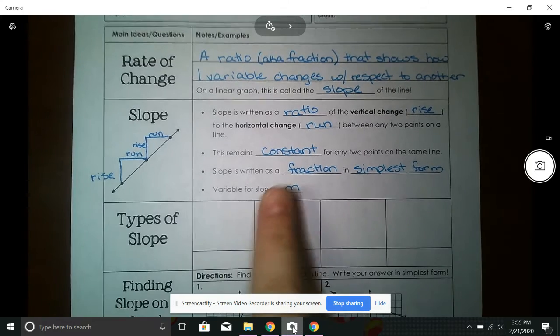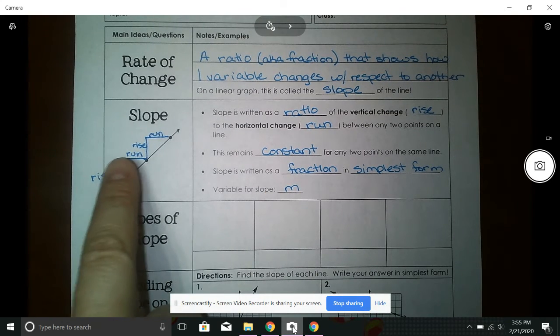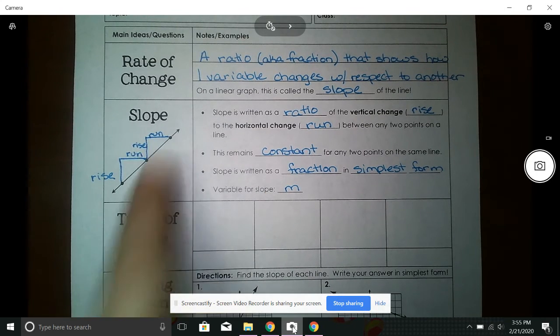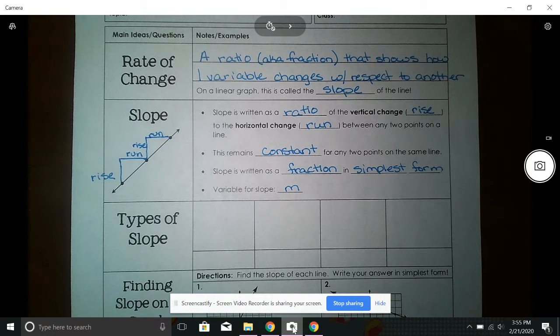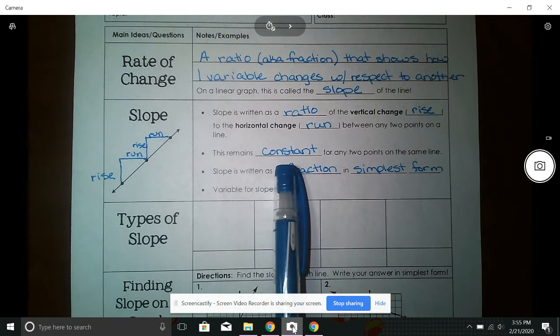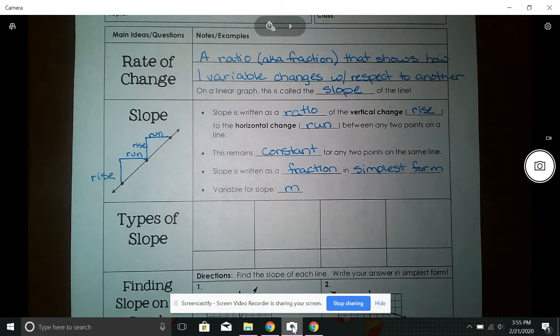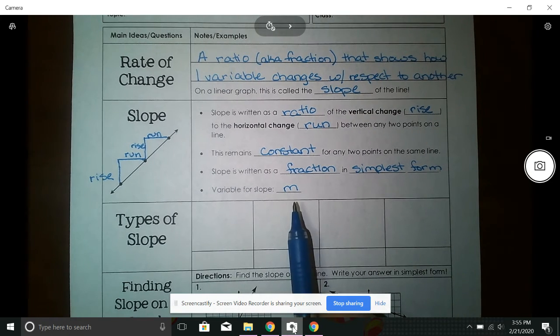Notice that the amount of rise and run is the same for each step. That's because the slope is always going to remain constant between any 2 points from the same line. We write slope as a fraction, always simplified, and we use the letter m to represent slope in formulas.